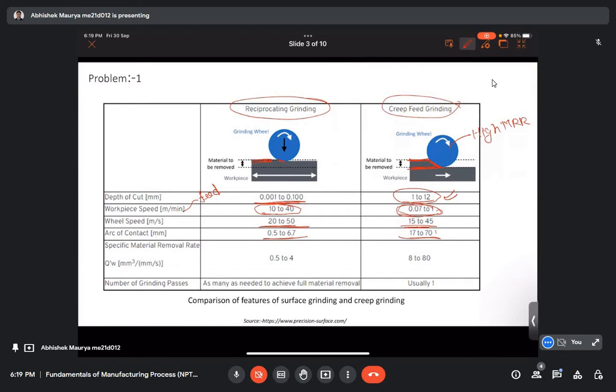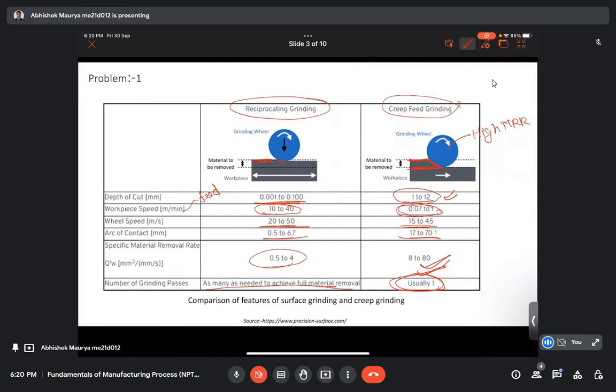And MRR also: here we have very small MRR, but here we are getting very high MRR. In the grinding process we try to improve the surface finish by giving a small depth of cut but many passes. Sometimes we have to go for 10 passes or more, but here we are getting the final component in just one pass, because we are giving a high depth of cut one time.